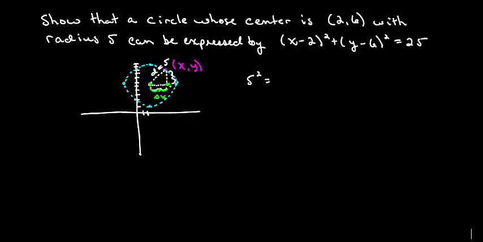So we need to know how far over we go. Well, we know that this guy is x, and we know that this guy is 2. So if you remember, the delta x value is this guy minus this guy. So it'd be x minus 2. And then we want to square that because we're using the Pythagorean theorem.